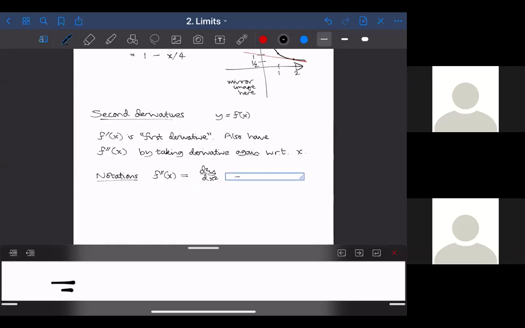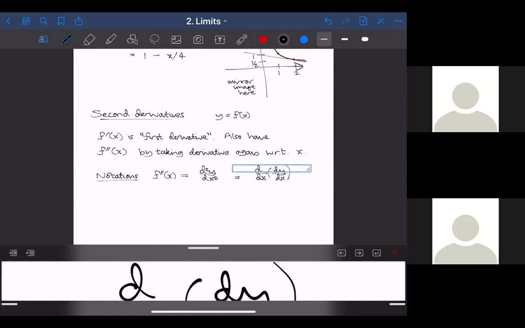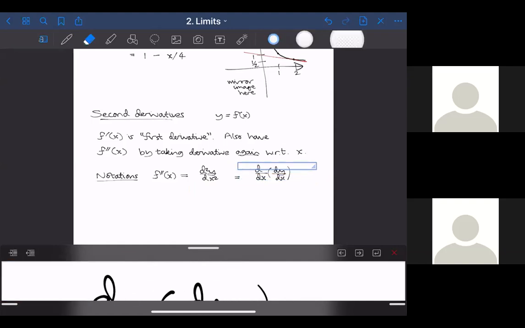And why do we write the squares like that? Well, it's because this is d by dx, take the derivative of the derivative dy by dx. So it makes sense to have 2 dx's in the bottom and 2 d's on the top.